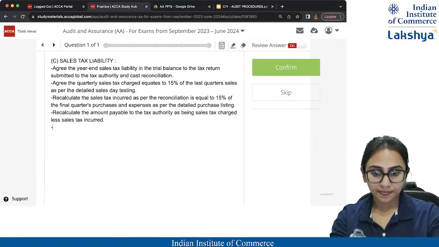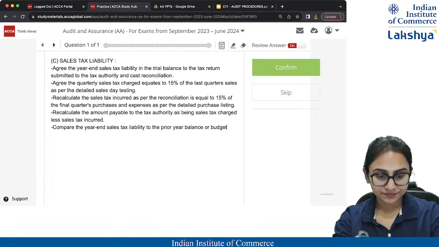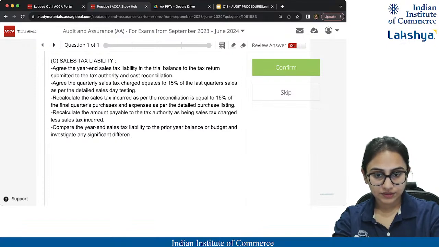So compare the year-end sales tax liability to the prior year balance or budget and investigate any significant differences.